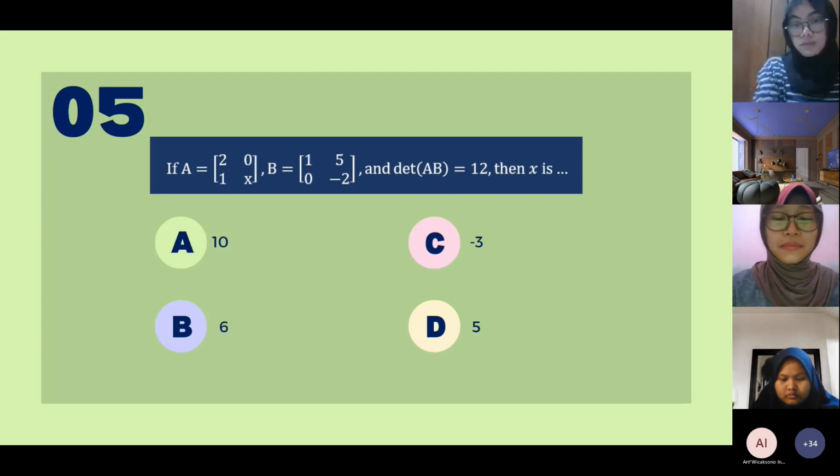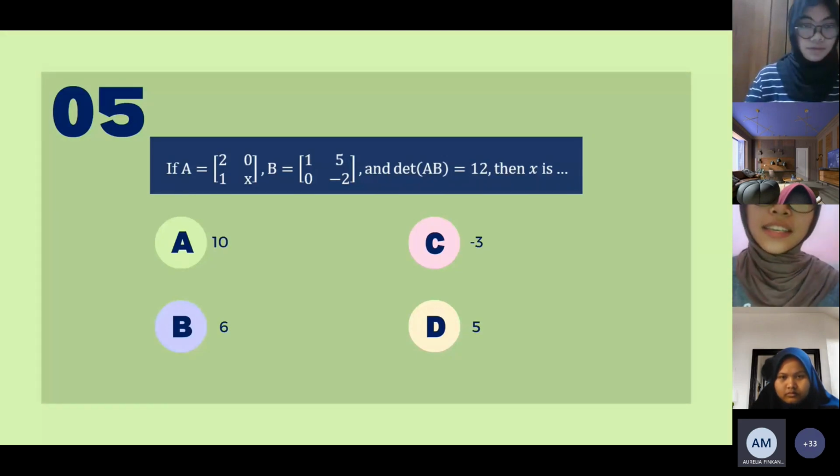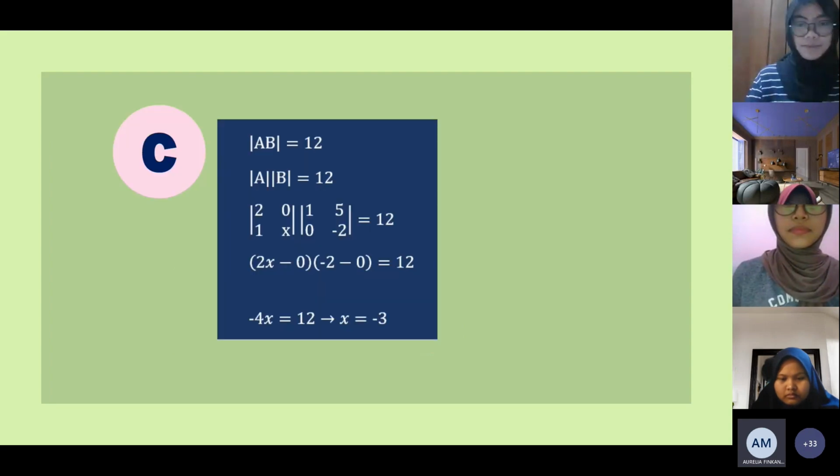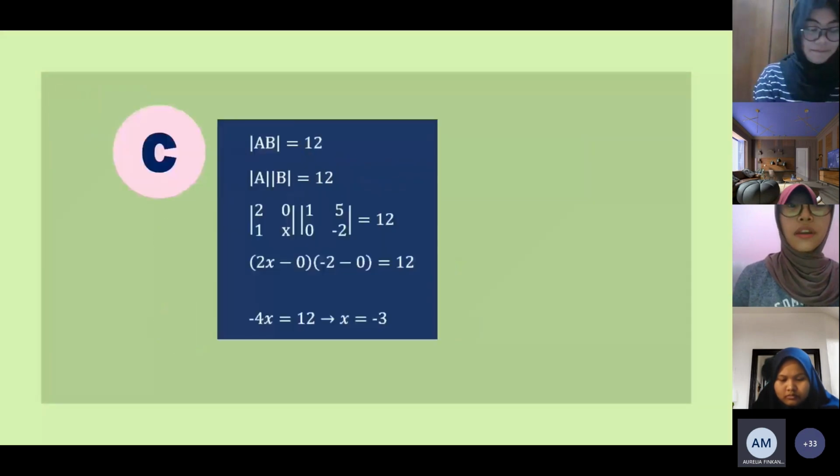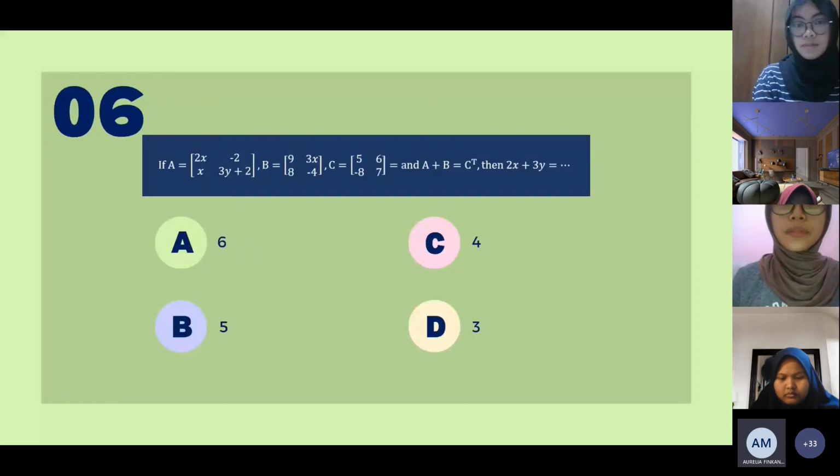Okay, my answer is C, -3. Okay, let's see the answer to this question. The answer to the fifth question is -3. So the answer is correct. Okay, the last question. Who's going to answer this question?